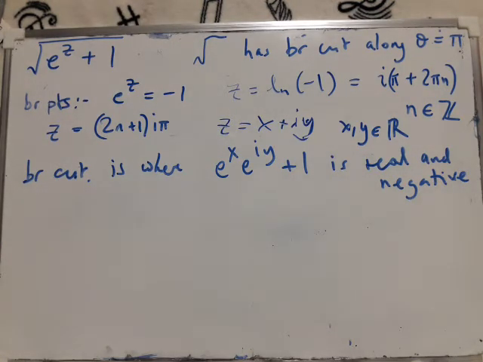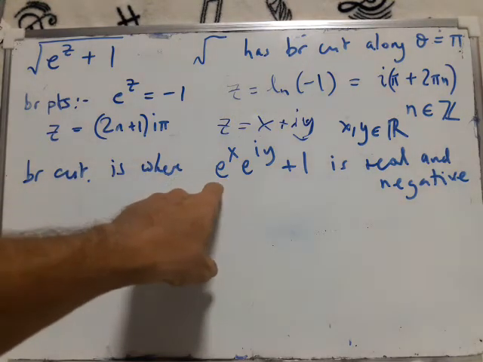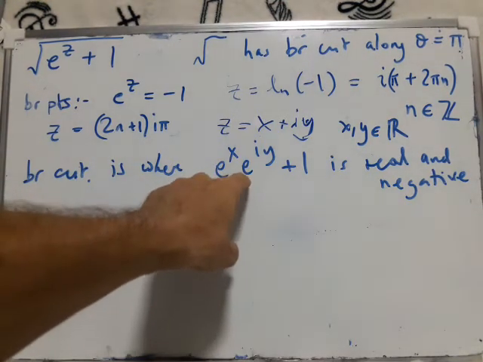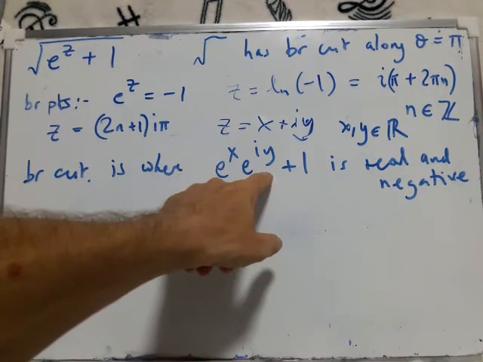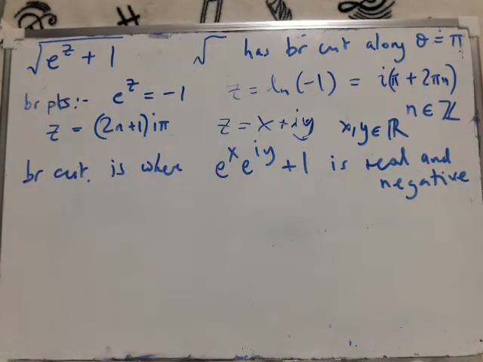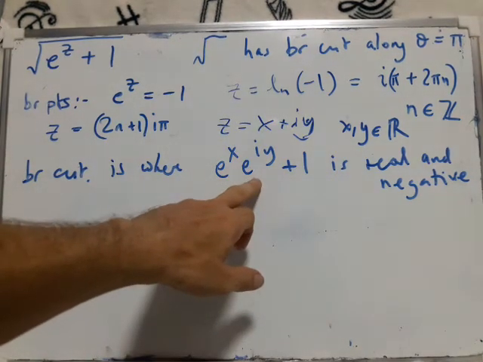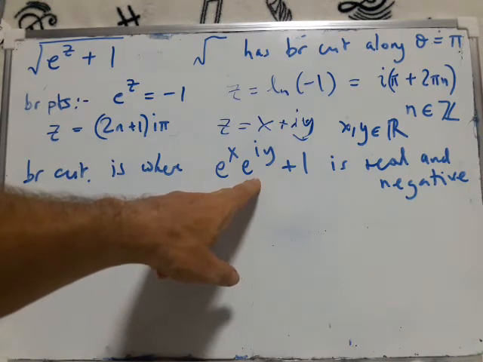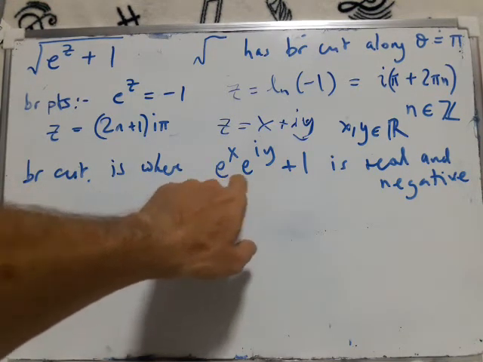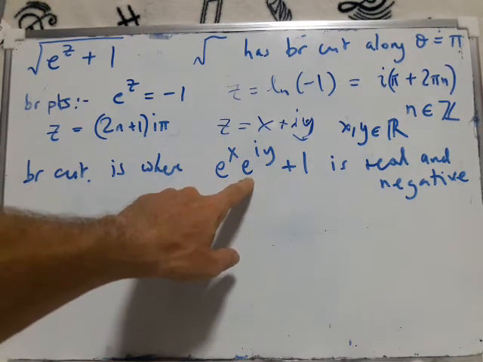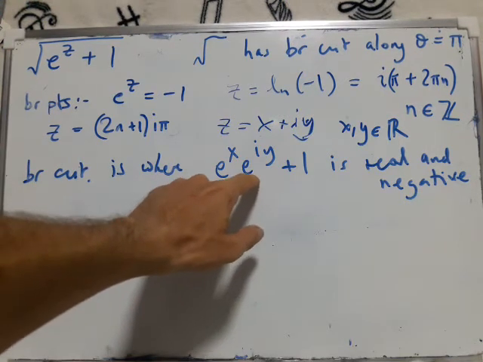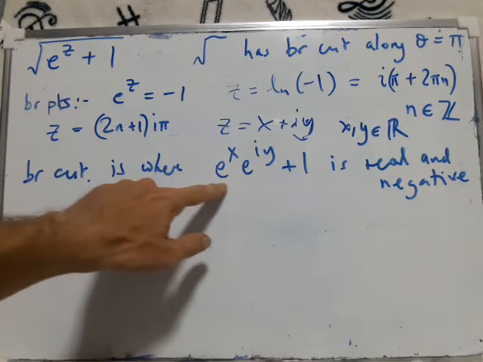So in order for it to be real, well, obviously e to the x is always real. E to the iy is normally not real, except if y is a multiple of pi. If y is 0 or 2 pi or 4 pi, if y is an even multiple of pi, then this will just be 1, and there's no way for this to be negative.